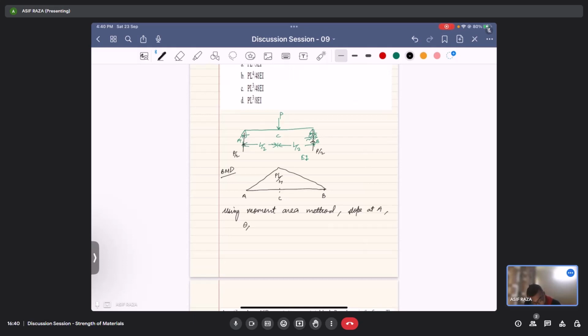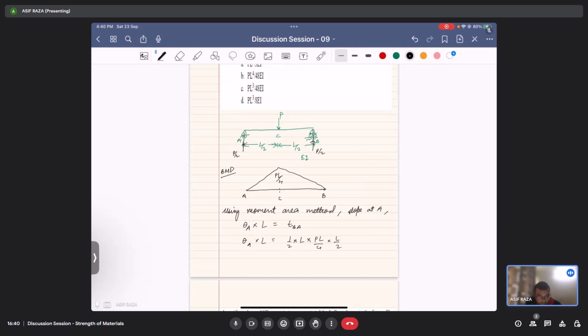If I write theta A times L, this would be equal to half times the complete span L, and PL by 4, and distance would be L by 2.